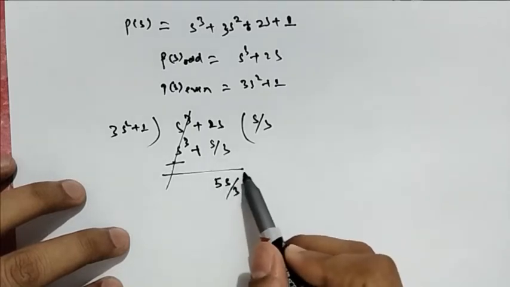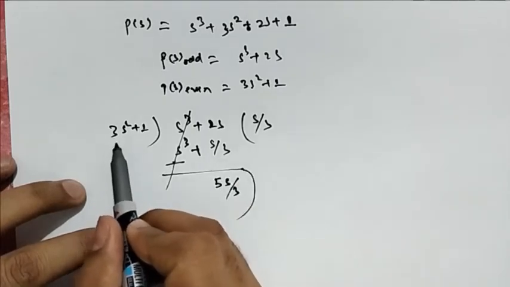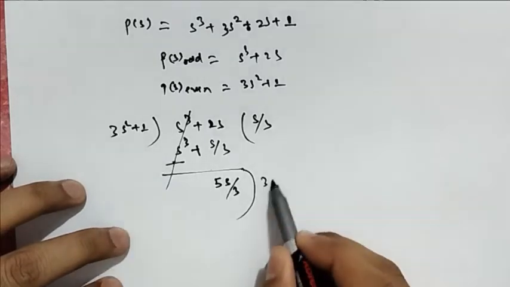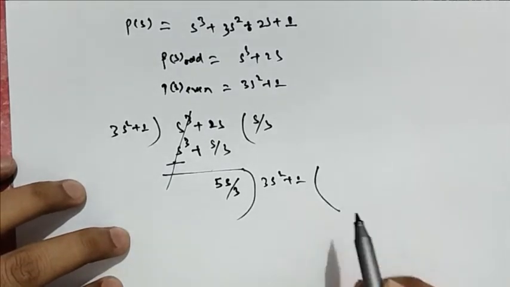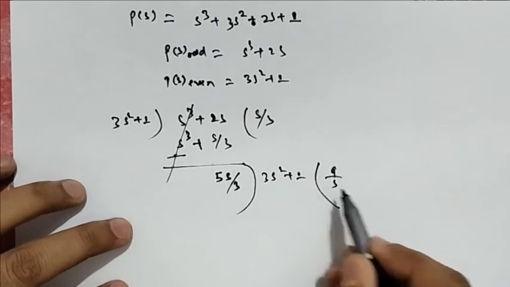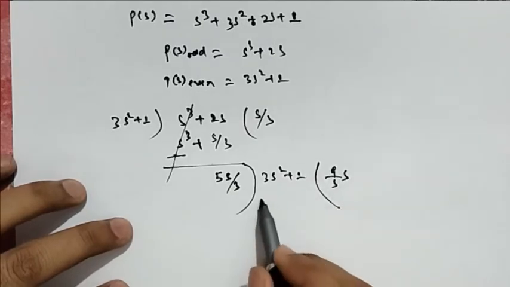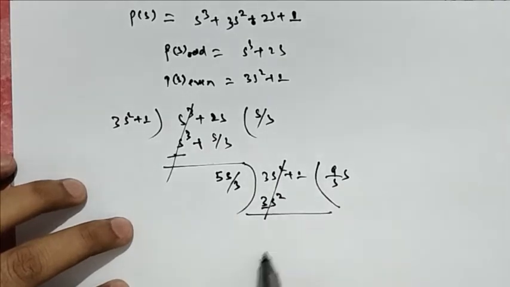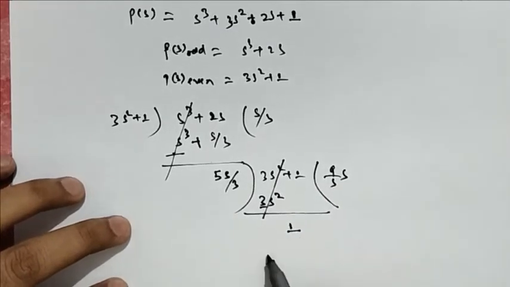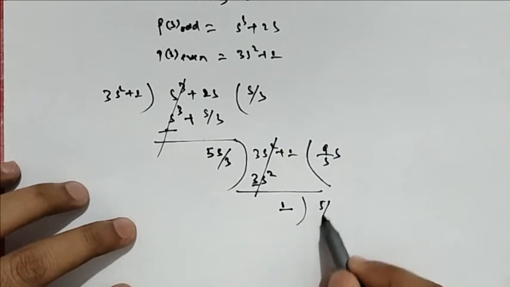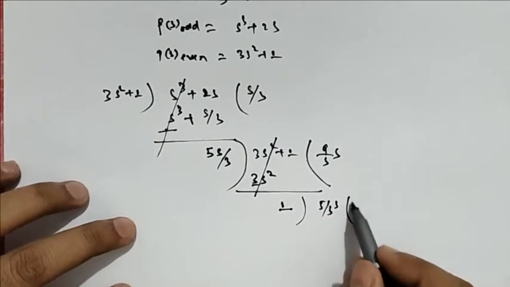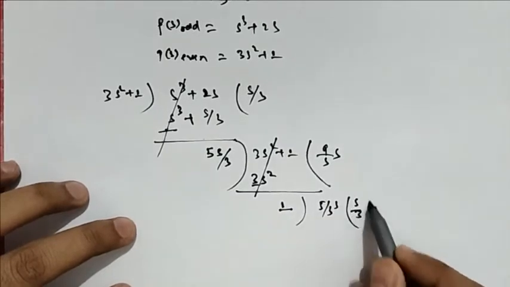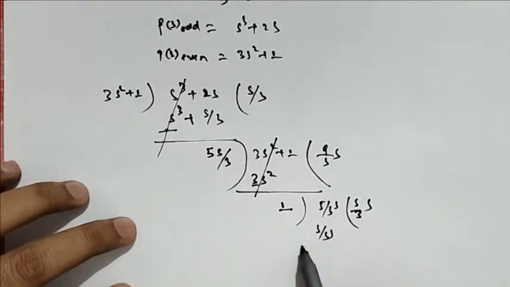With this remainder we again divide the previous divisor, 2S square plus 1. If I divide again, the quotient becomes 4 by 5 S, and then the terms cancel, and the remainder 1 we got. Now divide by 5S by 2, and the remainder is 0.